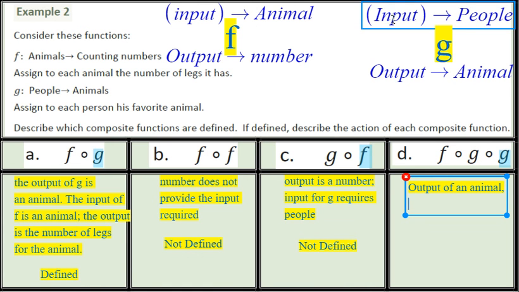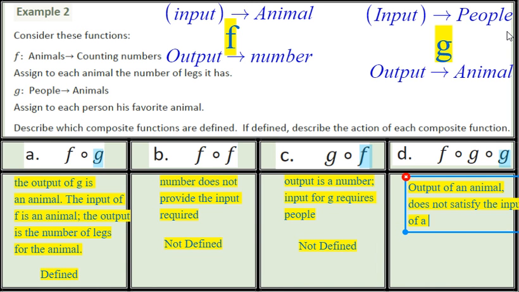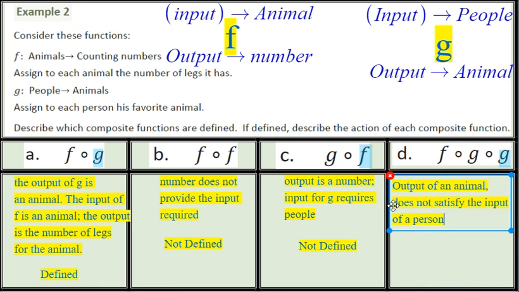My next input has to be a person. So an animal does not satisfy the input of a person. So again, this composition function is not defined.